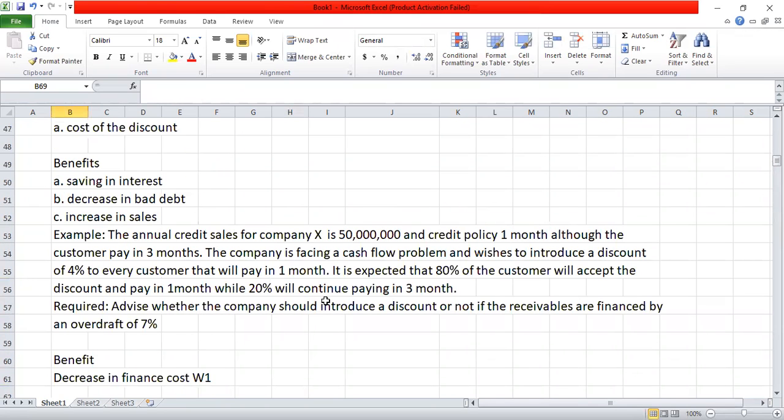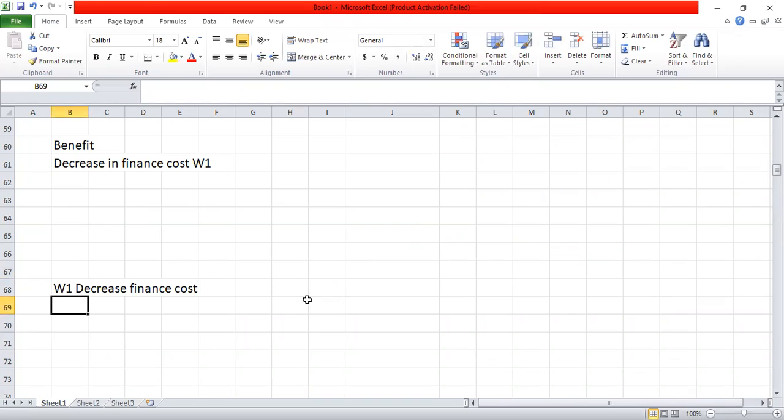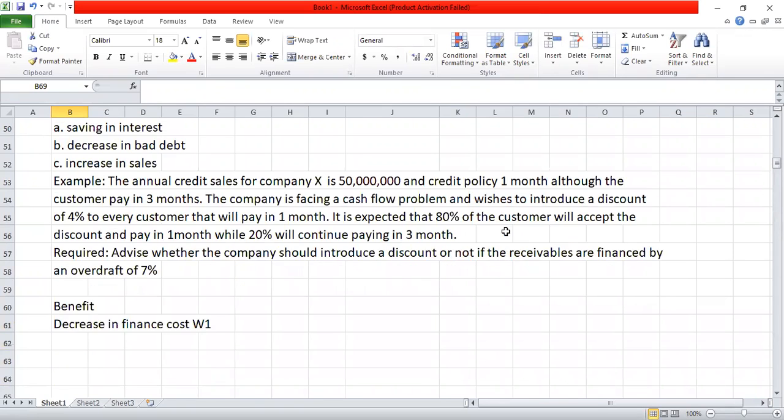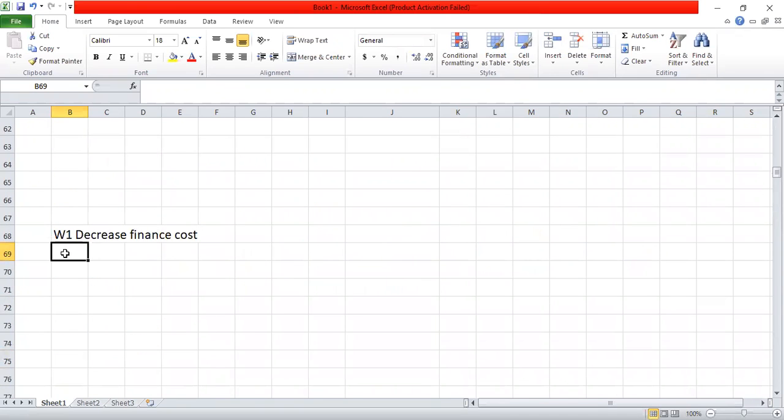What is the current receivable with the current policy? The current policy is 1 month, but customers are paying in 3 months. So what will be the receivables at the end when customers are paying in 3 months? Our current receivables will be 3/12 times the 50 million.